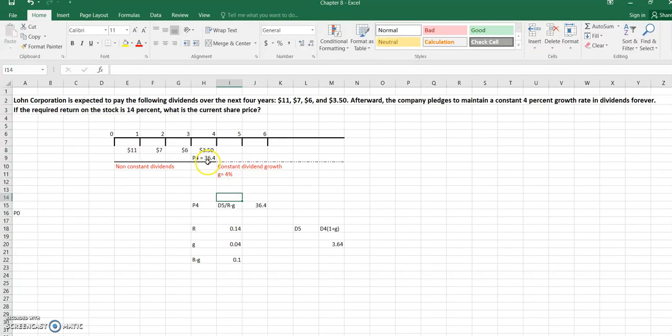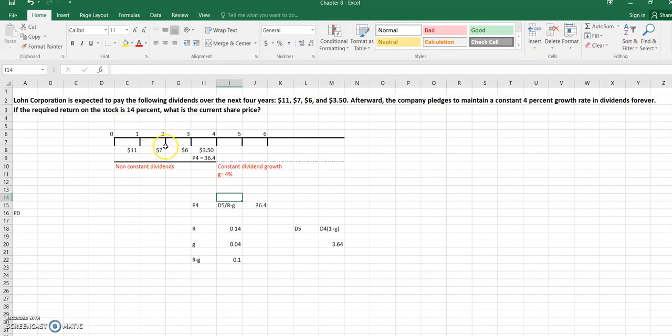To be able to determine the price, all we do is determine the present values of these cash flows and sum them up. So the present value of $11 is you take the $11 and divide it by 1 plus R to the power T. R is 0.14 or 14%, and T is 1 because it takes 1 year to come back to the present.